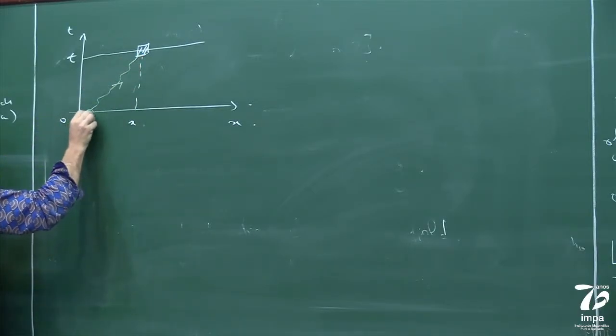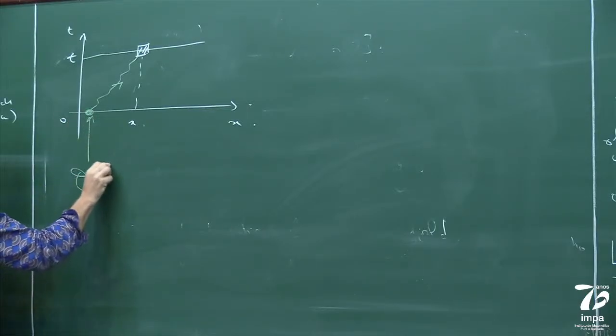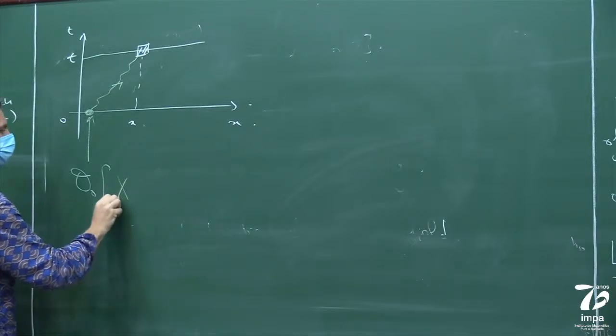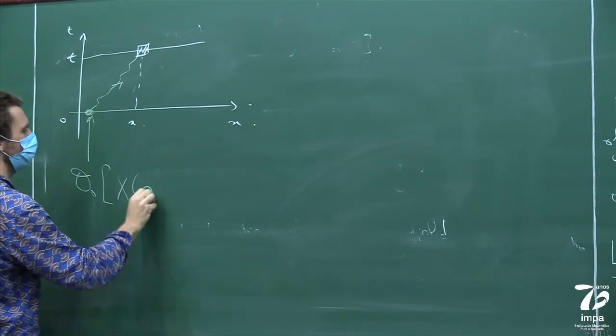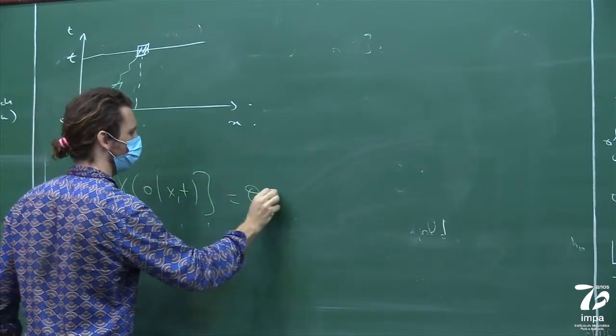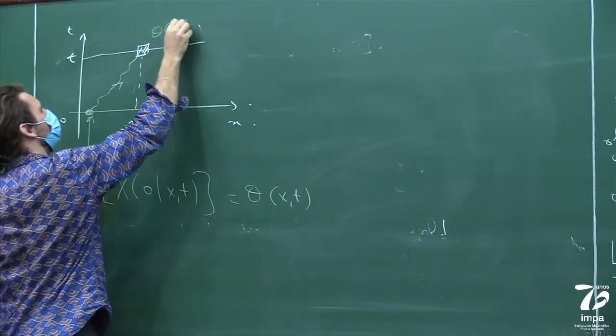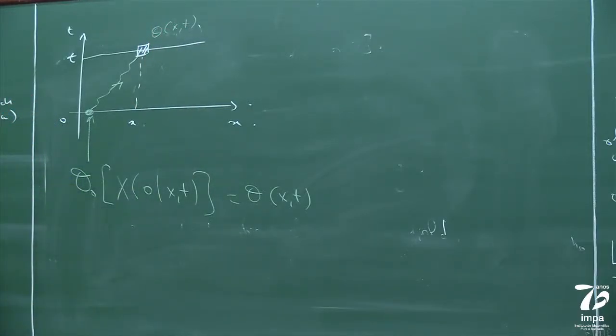And this is theta 0 of x0 of x, t, equal theta of x, t. This is simply what it means.